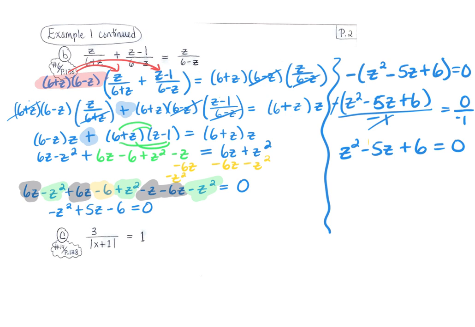Okay, so we want to solve. What can you do? Quadratic formula? Or you can factor it as what? You said z minus 3 and z minus 2? That product equals 0. So what does that mean?